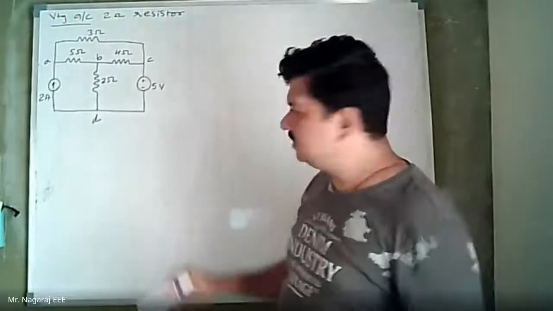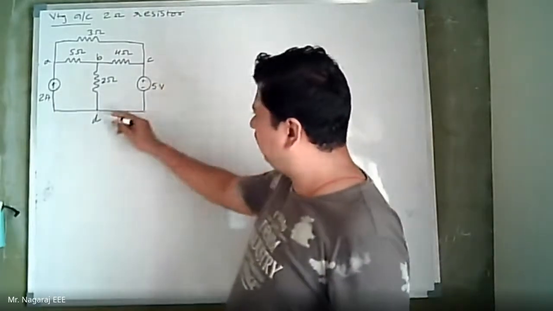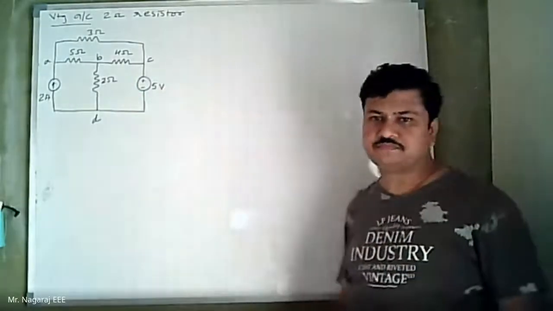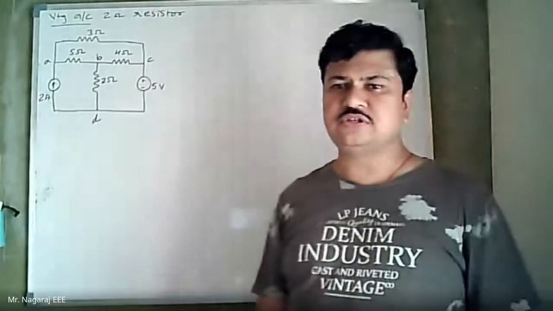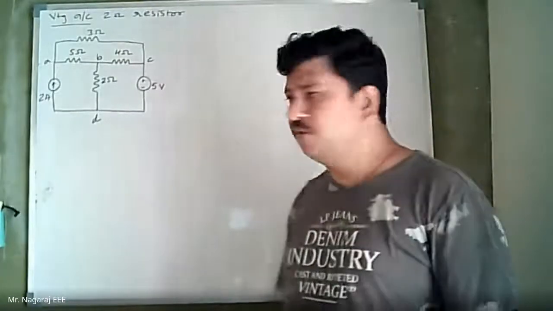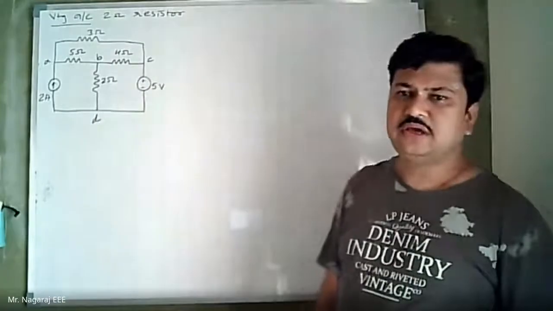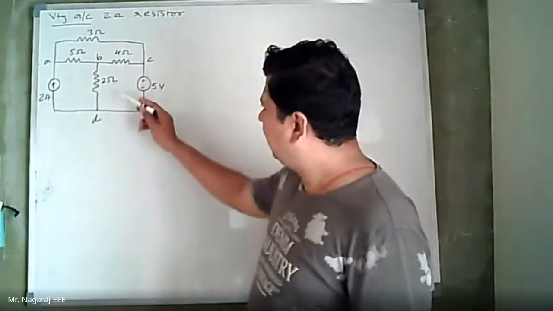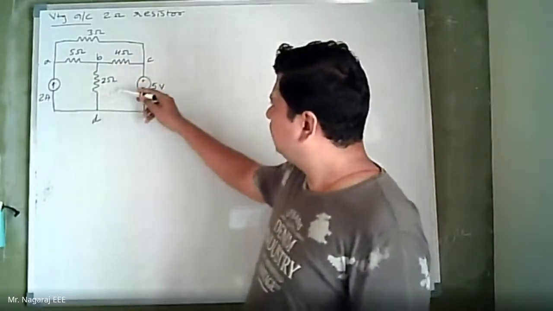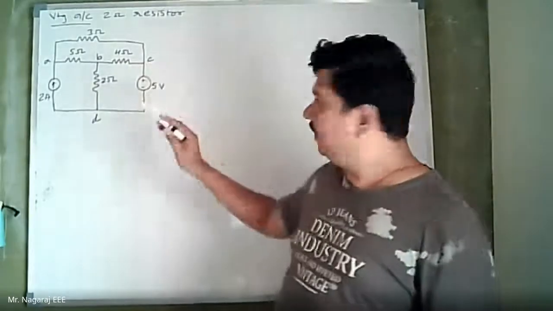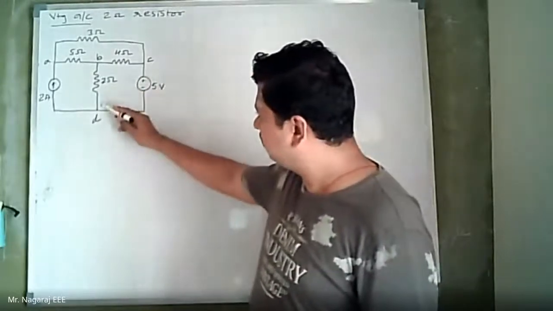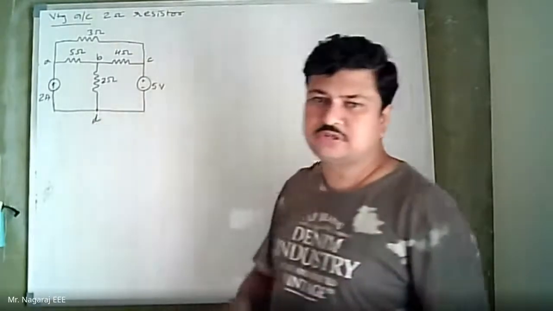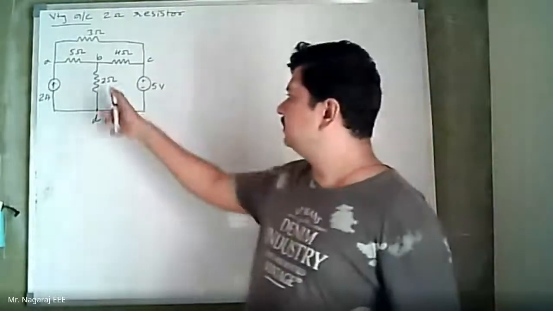But one problem with shifting this 5 volt beyond node D is that a current source and a voltage source will come in series, and both are ideal sources. Analysis may become a little bit complex. Moreover, I want the voltage across the 2 ohm. When I shift this 5 volt beyond node D in series with 2 ohm, I will be forced to reduce the circuit with 2 ohm.